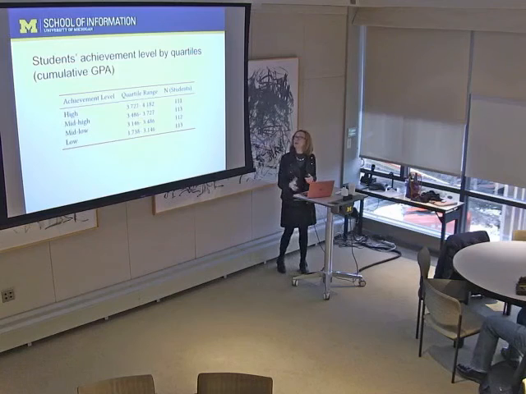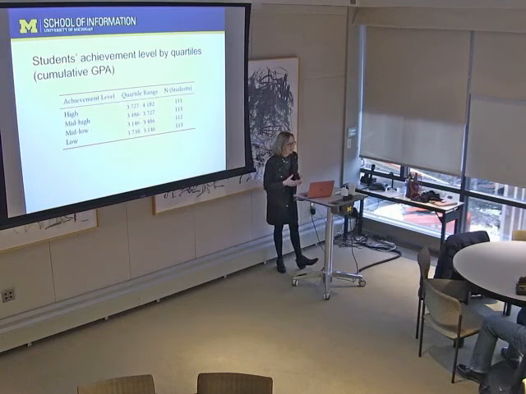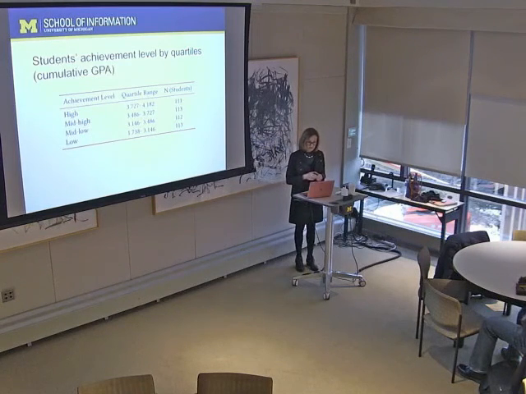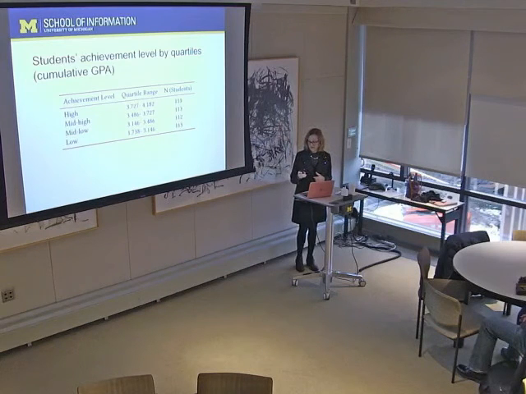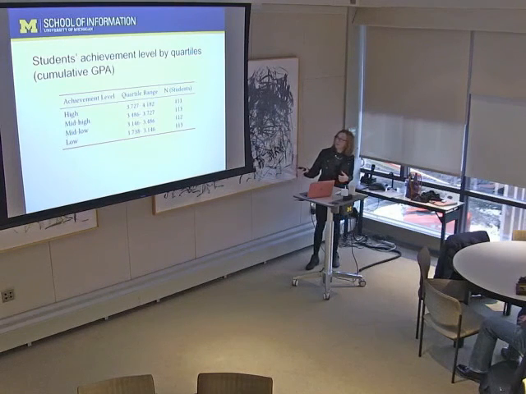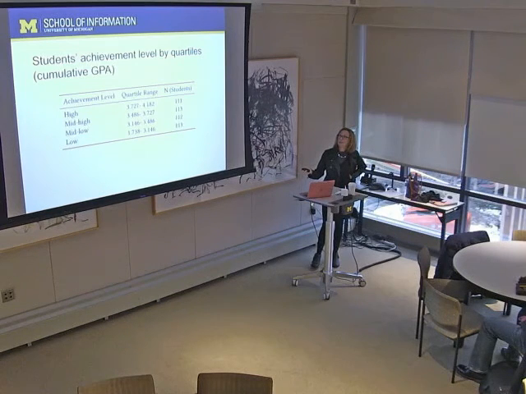One of the things we wanted to know was achievement, right? So the most clear-cut way to do that, I think, was to divide the students into quartiles by their cumulative GPA. And you can see, this is the Great Michigan difference. People laugh about this. Okay, so the high performers, 3.7 to 4.2.